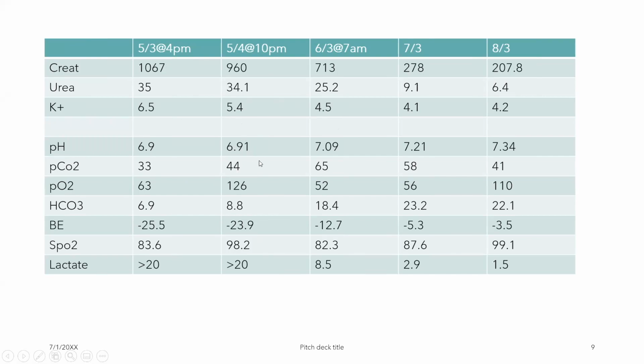Okay, it doesn't work. After about 6 hours of commencing CVVHD, there is some improvement in your blood gases. The pH went up to 7.09, the bicarb went up to 18, base excess of -12, and lactate came down.